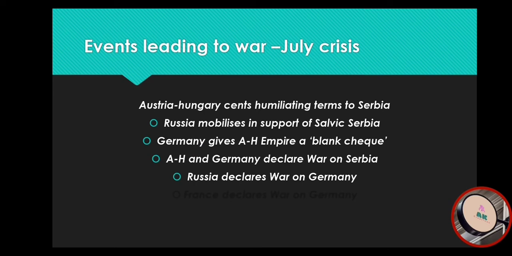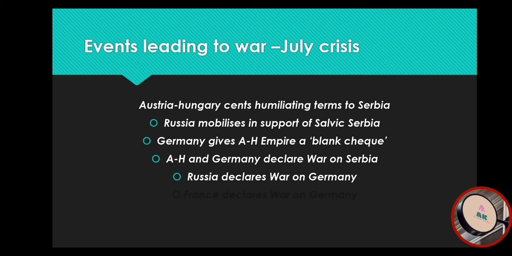The Triple Alliance will be Germany, Italy and Austria-Hungary, and the Triple Entente is France, Britain and Russia, right?